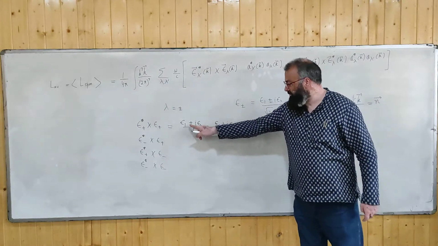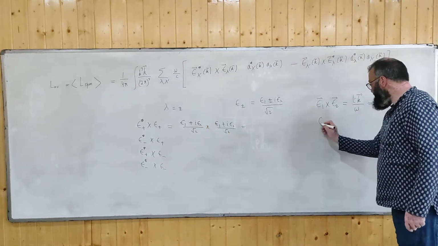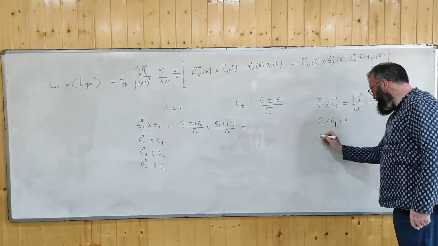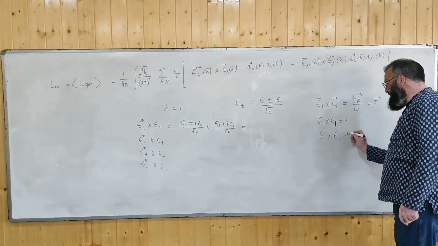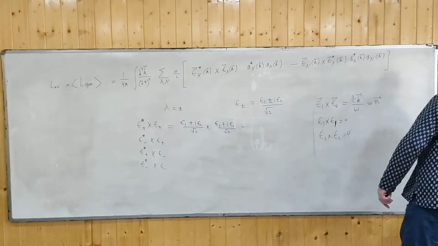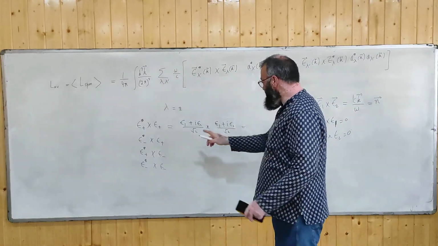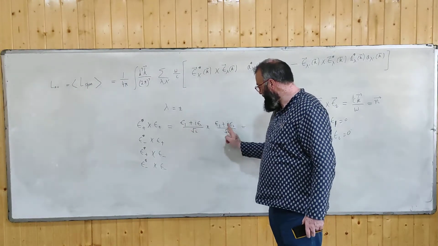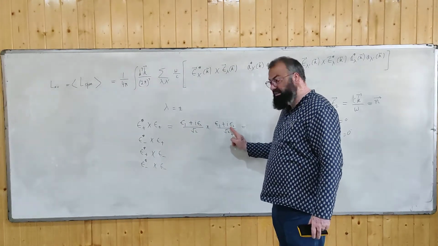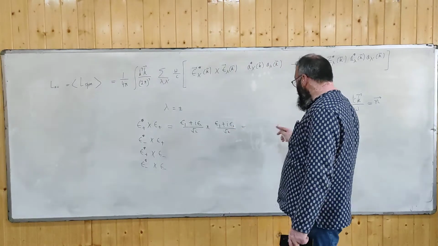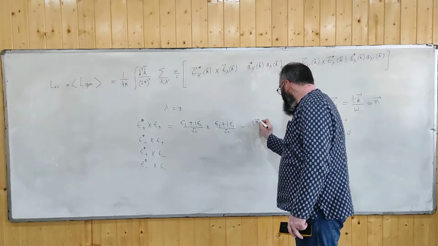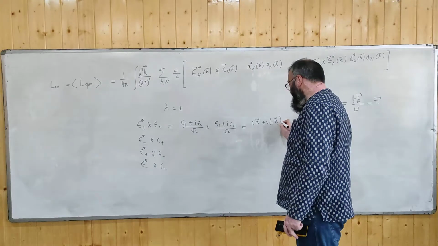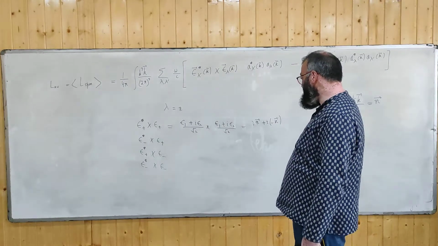Since epsilon 1 and epsilon 2 are linearly polarized, epsilon 1 cross epsilon 1 and epsilon 2 cross epsilon 2 are 0. Now, epsilon 1 cross epsilon 2, how much is that? It is n. So you will get 1 as n, and plus, then you have the i epsilon 2 cross term, so you have minus n.